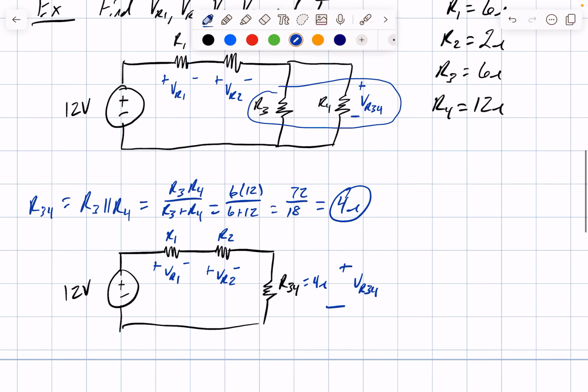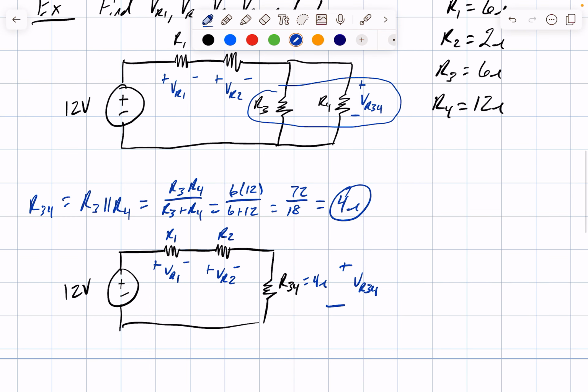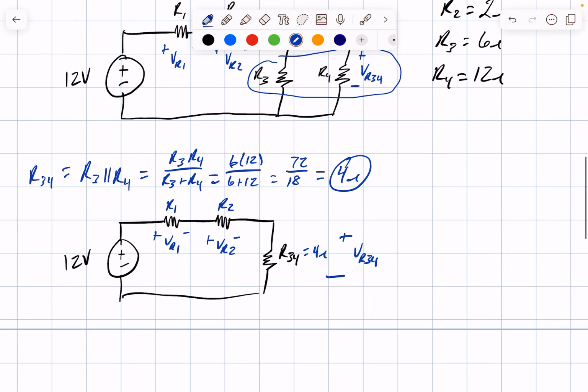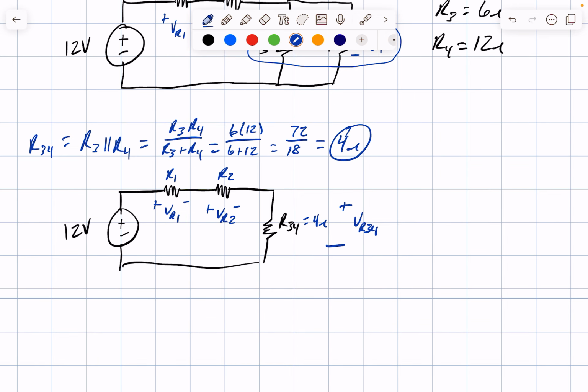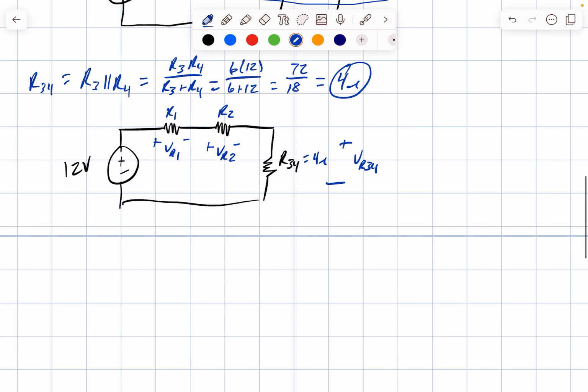Now we can apply our loop. We only have one loop in the circuit, and I'll draw that in as L1, loop 1. People can write Kirchhoff's voltage law in a couple of different ways.